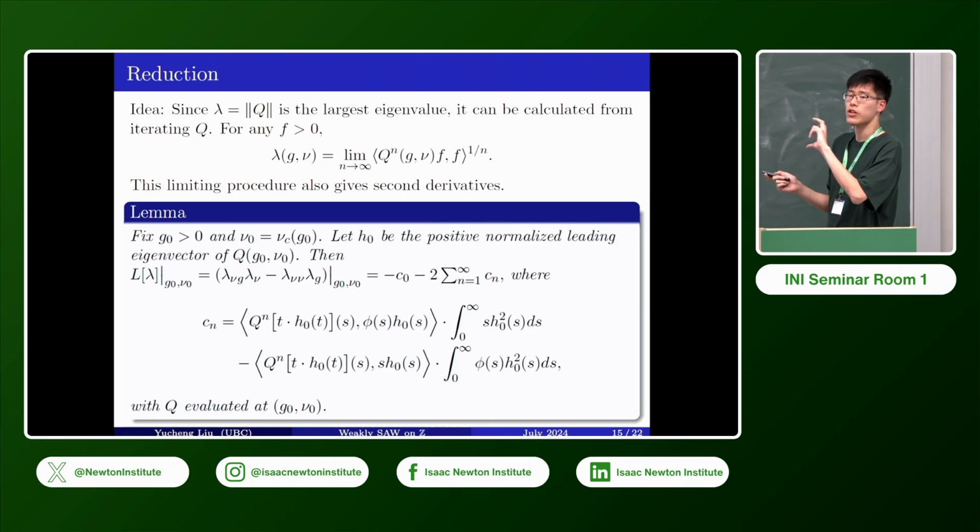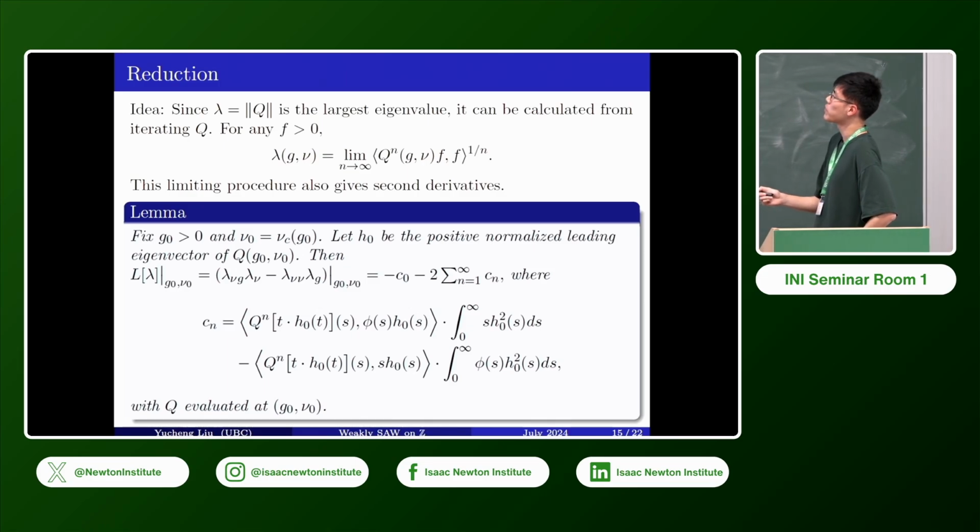There's some explicit calculation that I can do. After that calculation, the result I want is given in terms of a series: some term minus C0 with some series in Cn, where my Cn is some explicit thing that I can calculate.